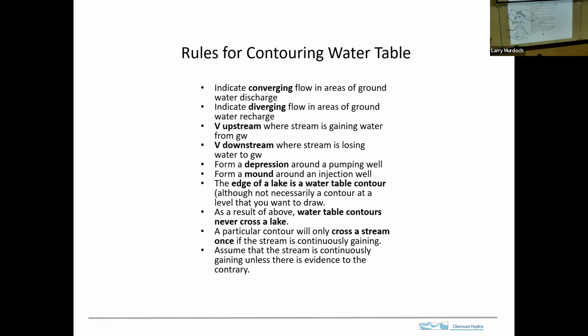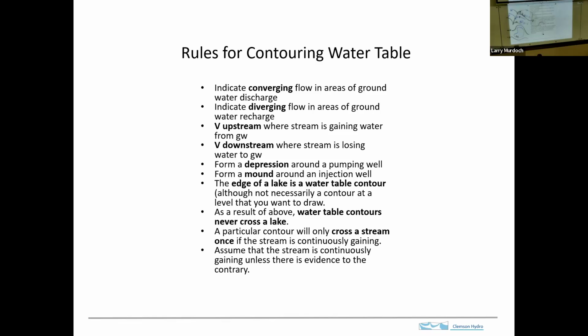In other problems, there's a way that works out nicely where the contours only cross the stream once. But if you're not looking for that, you could draw it in where it crosses twice. But if you think about it conceptually, it just doesn't make sense that contours would do that. So you want to avoid that.